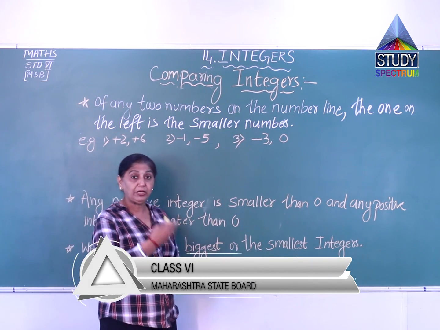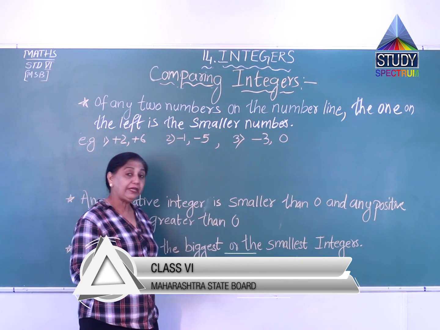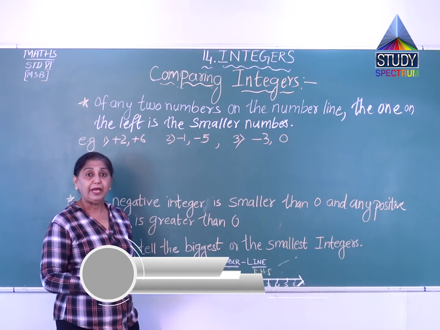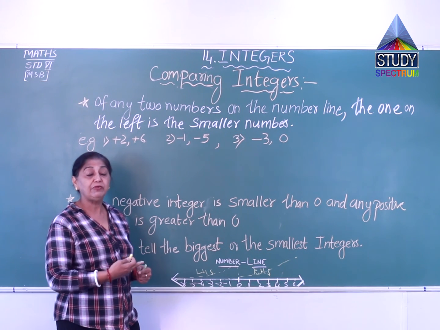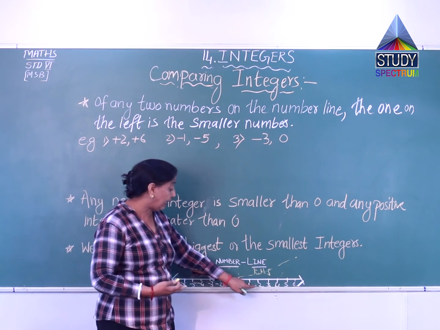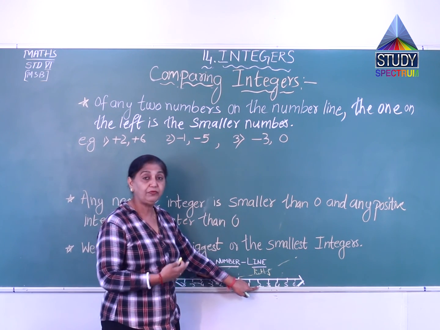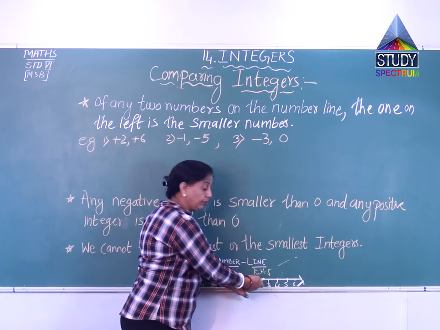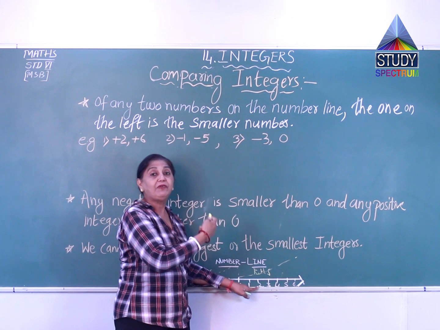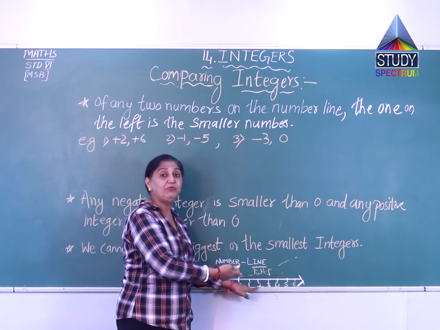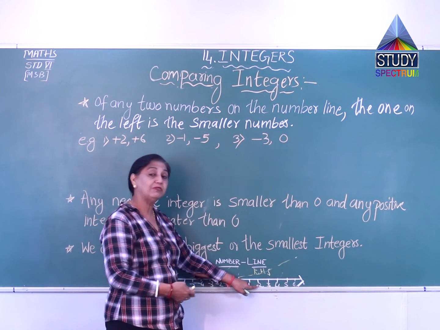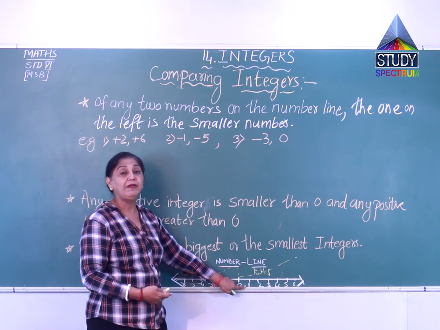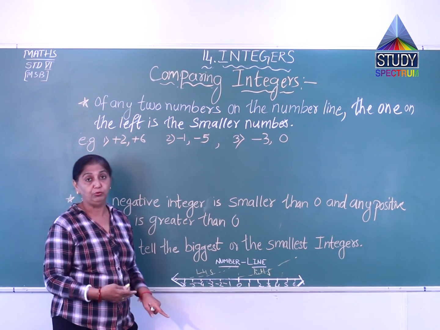And one more thing we have learned, if you remember, that when we take any number on a number line, suppose I am taking 2, the number to the right hand side of that number, that is 3, will have greater value than this 2, and the left hand side number, that is 1, will be smaller than 2.